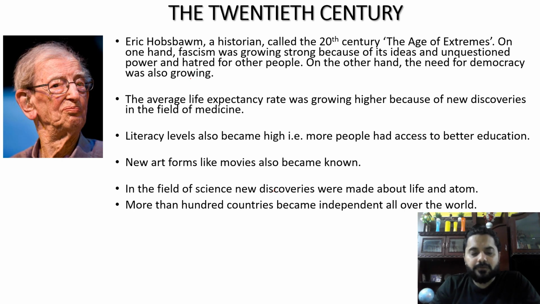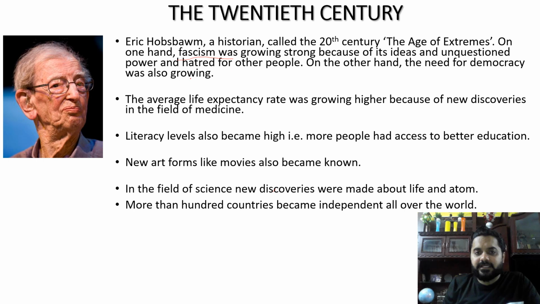So Eric Hobsbawm, a historian, called the 20th century the age of extremes. On one hand, fascism was growing extremely strong because of its ideas, unquestioned power and hatred for other people. On the other hand, the need for democracy was also growing.